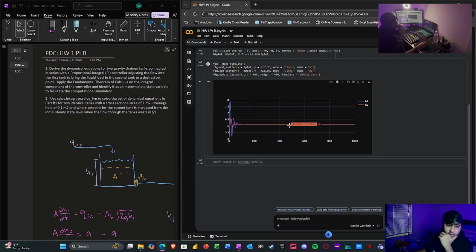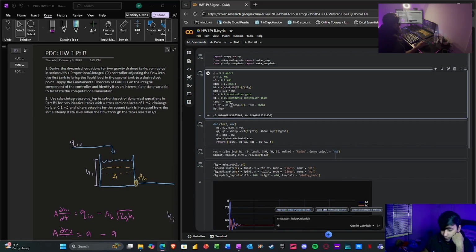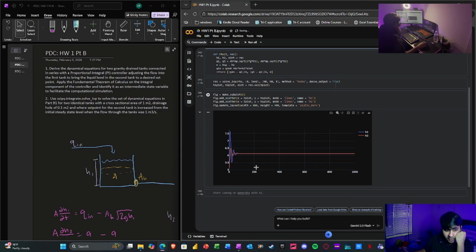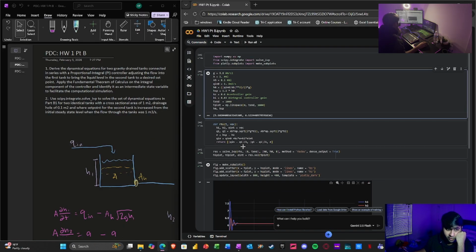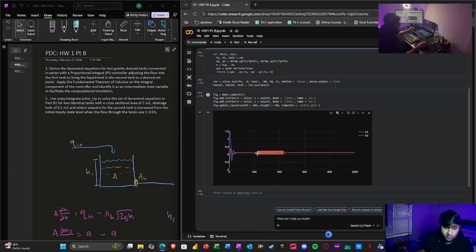And look at that, it's still at that 6.12, yet we're decreasing our oscillation at the start. So if we move that down a little bit more, it seems like it is reducing the amount of oscillations at the start, which is a good thing. It's reaching our steady state eventually, but it's still oscillating quite a bit.